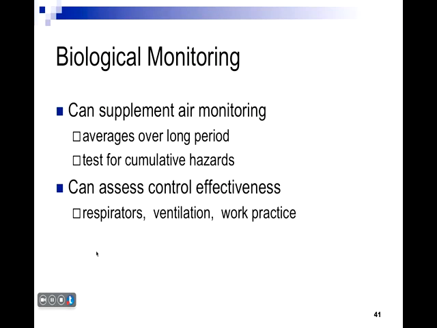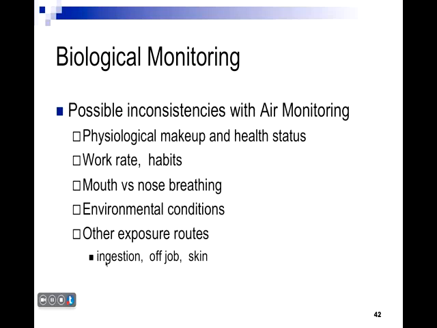If you have people wearing respirators, or you put in a new ventilation system, or you've done new work practices, and you still are seeing chemicals inside of a body from a blood or urine sample or something, that tells you your controls aren't working properly. So it can supplement what you're doing with your air monitoring program. Things might not work out completely well with your air monitoring.